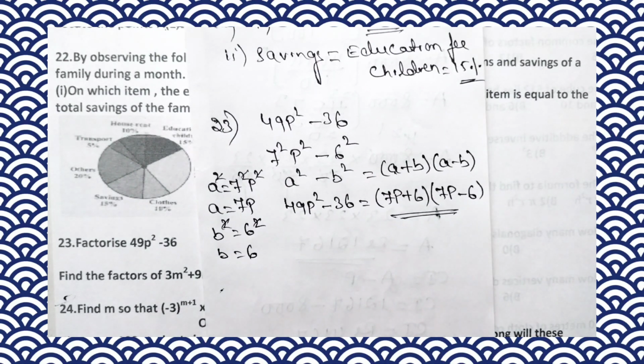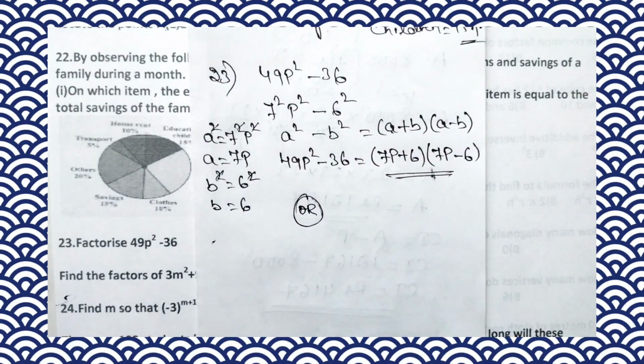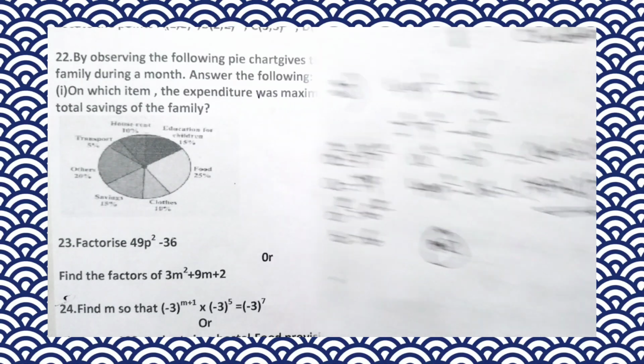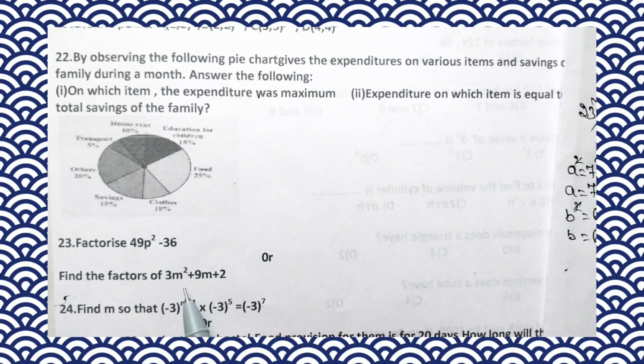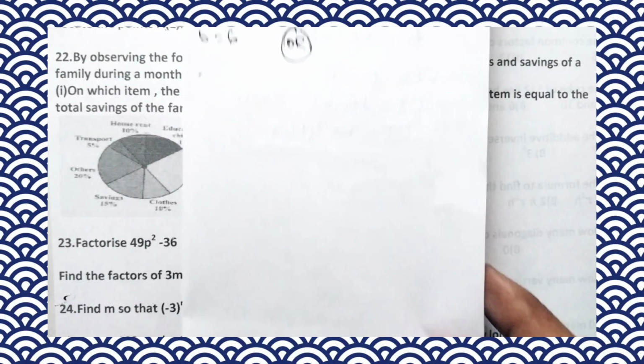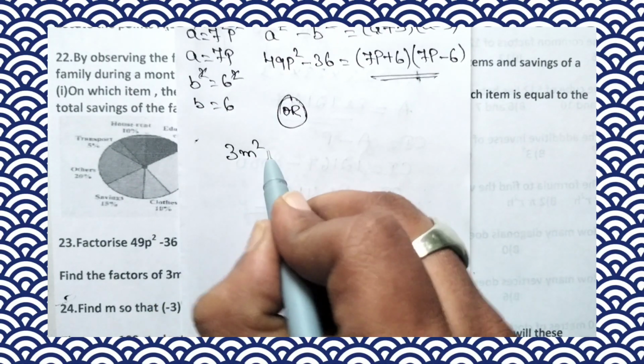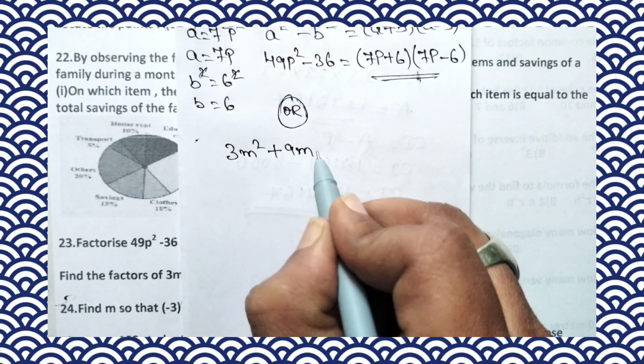Now in that one, again one internal choice question is given, that is find the factors of 3m square plus 9m plus 2. So let us find the factors for that. 3m square plus 9m plus 2.